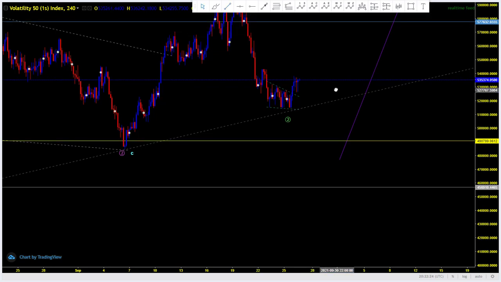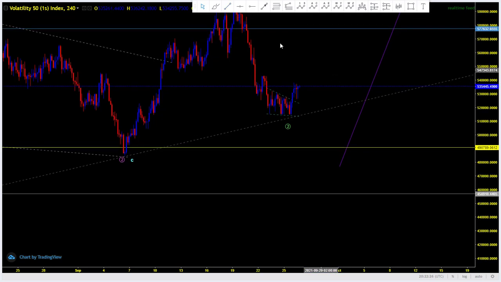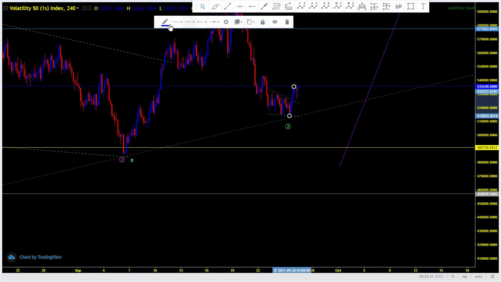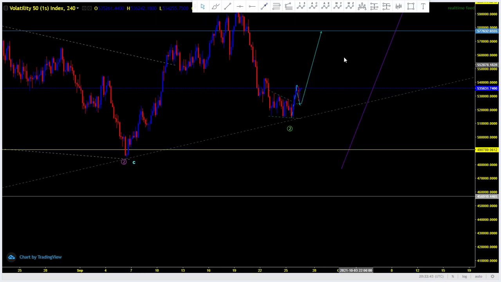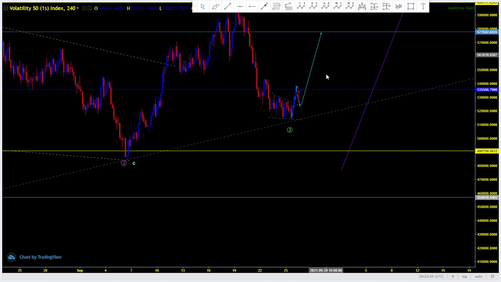Look at that. Change the color. Look at that. Break. Look at that. Retest. What are we expecting? Impulse. That's all we are expecting now.